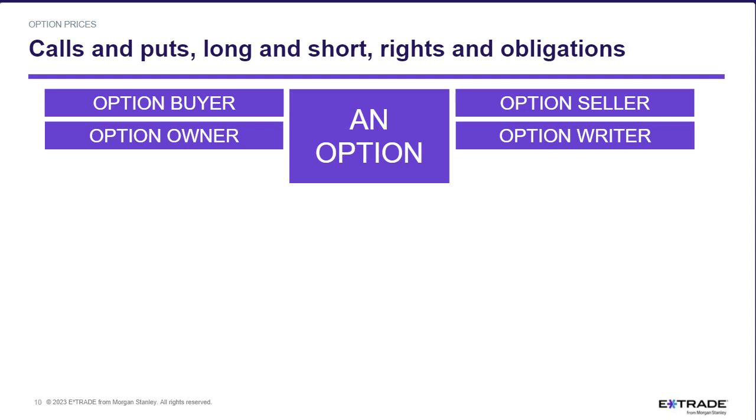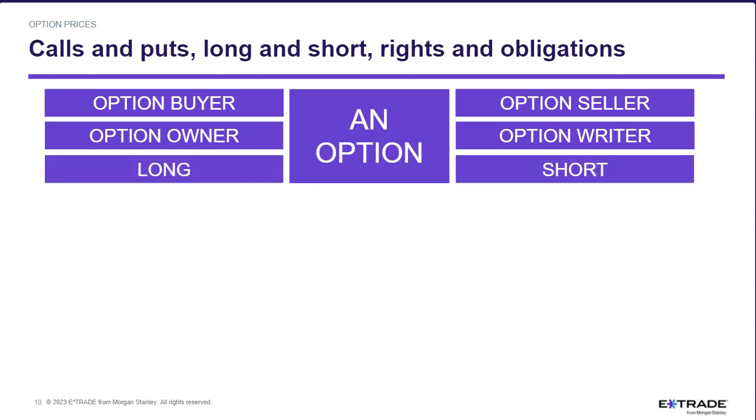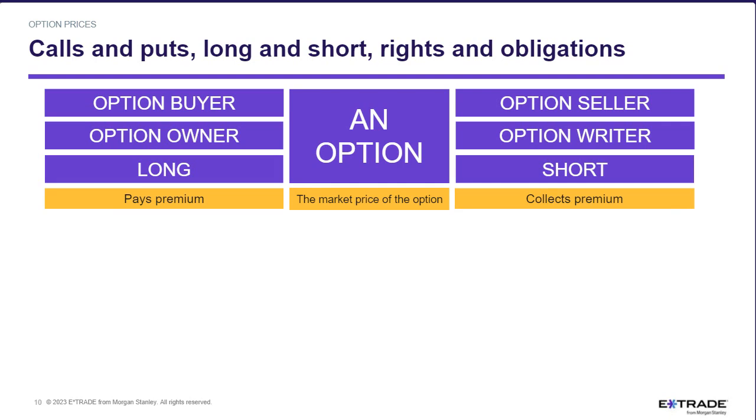So when you own an option, you're said to be long that option, and when you have written an option, you're said to be short that option. And here's where the market price comes in. When you buy an option, you pay what's called the premium, the price of the option. We're going to get to that. That is received by the seller of the option. It's not the exchange that gets that money.